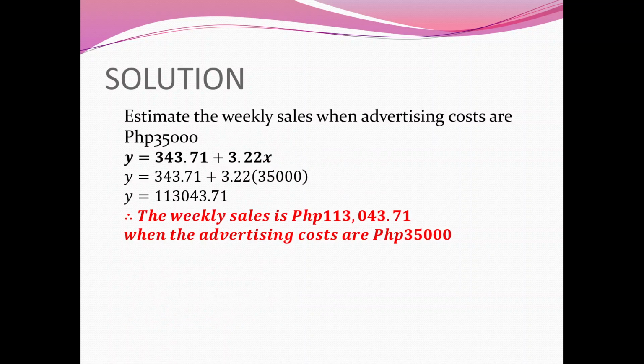After finding the linear regression equation, you can now estimate the value of the weekly sales when the advertising cost is given as 35,000. So if the advertising cost is 35,000, then we can compute that the weekly sales is 113,043.71.